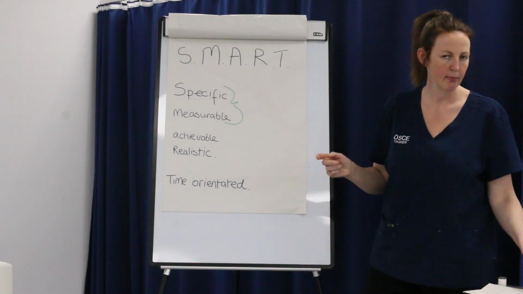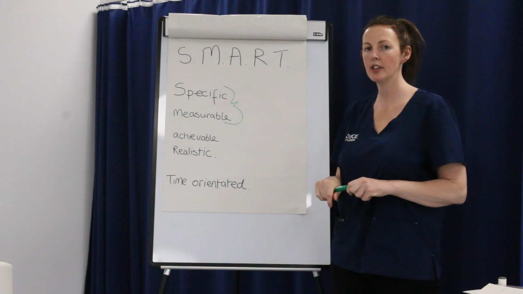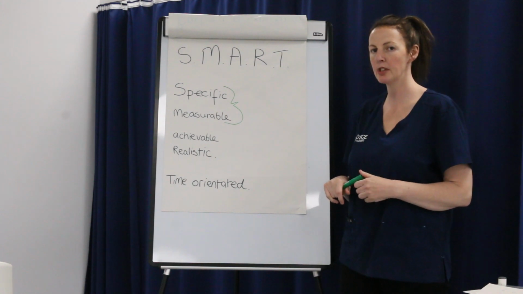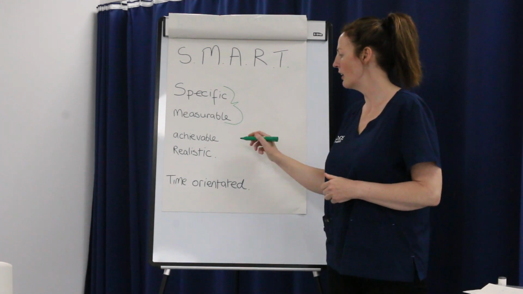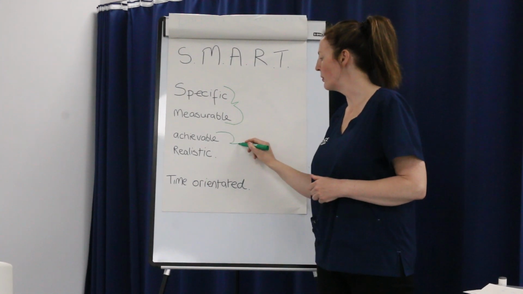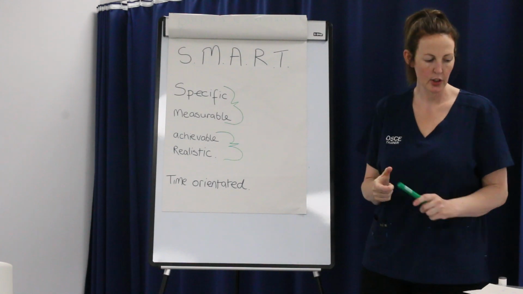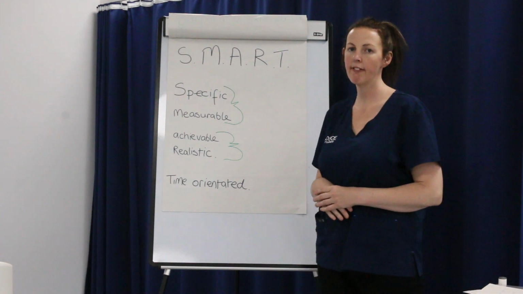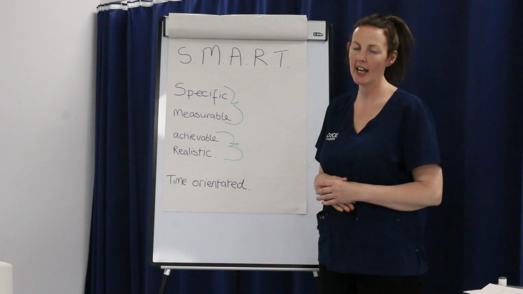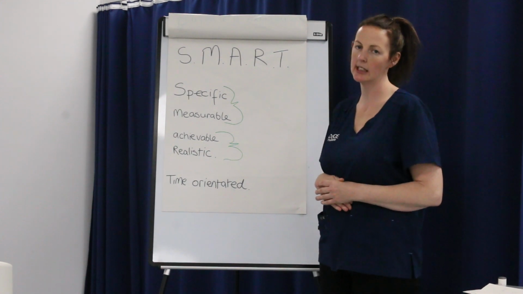The next criteria that the nursing examiners want you to meet with a SMART aim is achievable and realistic. So, let's take our first patient, Barbara. Barbara is experiencing pain.